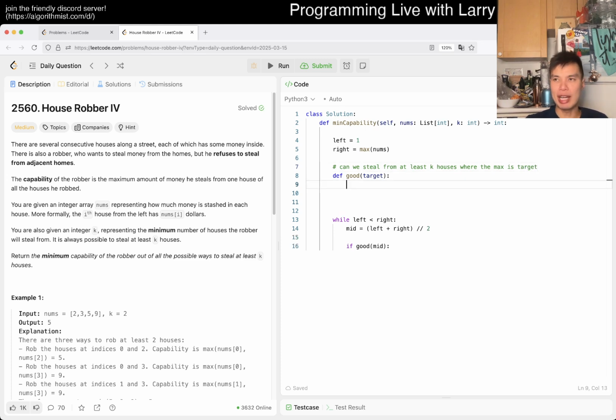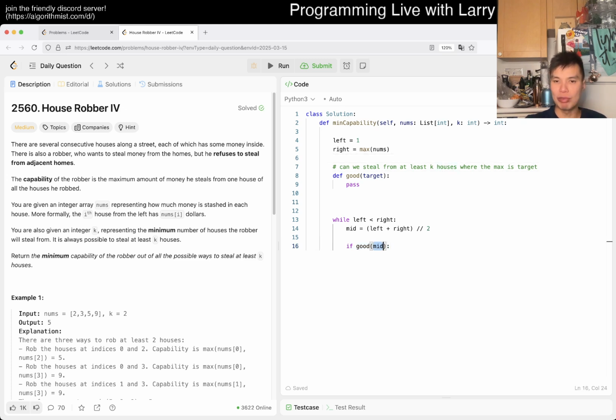So now, how do I want to write it? Count equals 0. For now we don't even have to implement it, but the thing is, if this is true, what happens? If this is true, we want to try a smaller number, right?